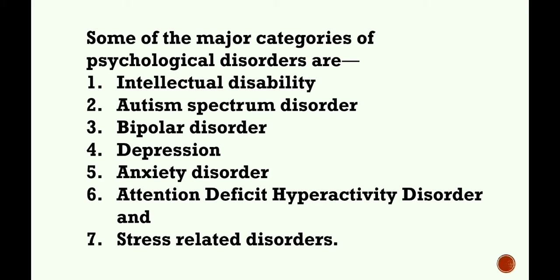Then autism, which is autism spectrum disorder, then bipolar disorder, depression, anxiety disorder, or attention deficit hyperactivity disorder, in short ADHD, and stress related disorders. All these are a kind of psychological disorder which occurs due to disorders of the nervous system. We have to study some amongst it.